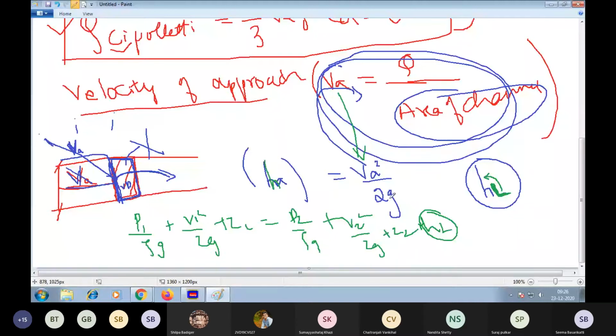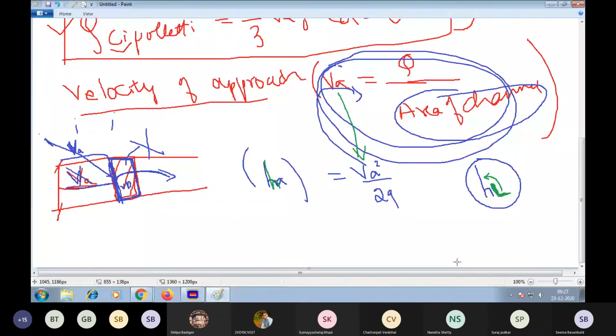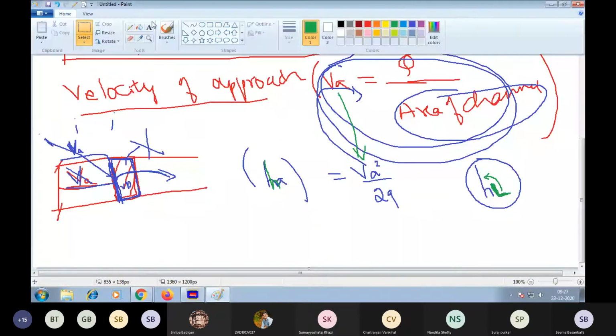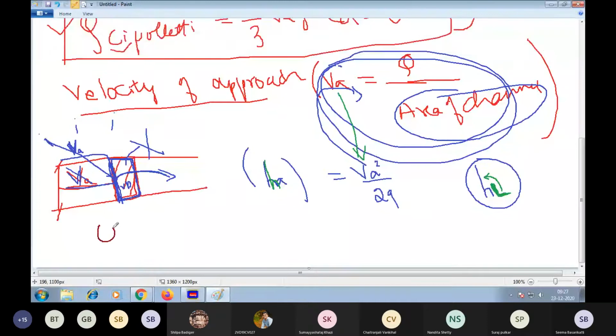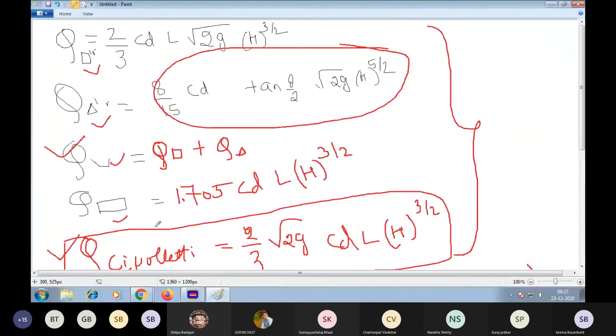Finally, take the equation of a rectangular notch or a weir or a broad crested weir. What was the equation? Q is equal to 2/3 of CD into L into square root of G into H raised to 3 divided by 2, the equation for a rectangular notch or weir.